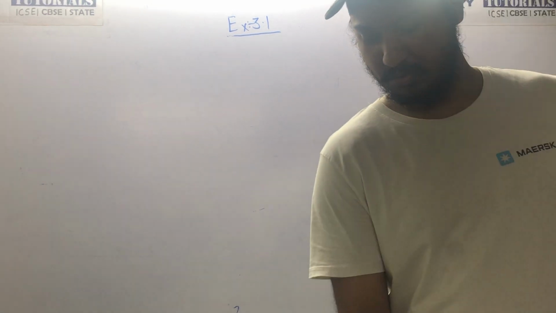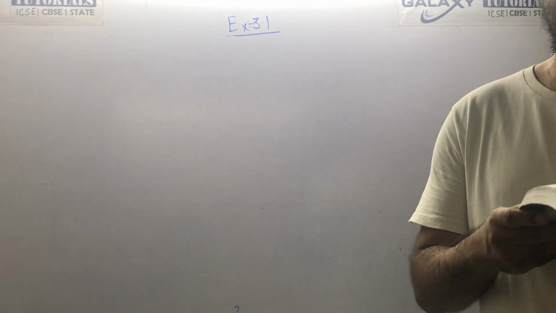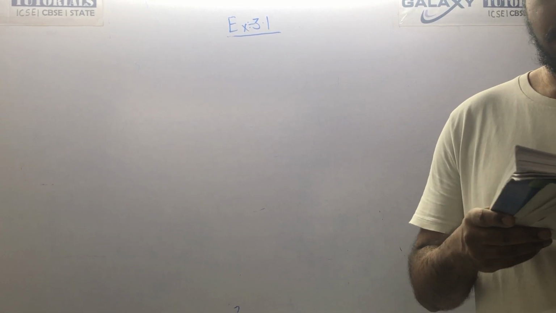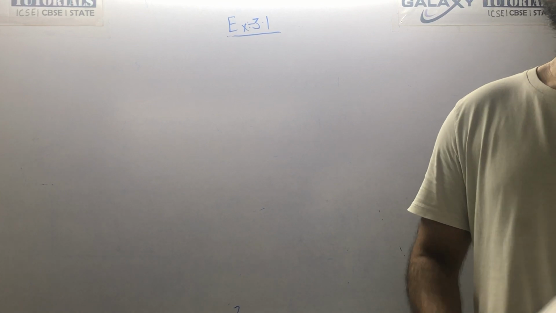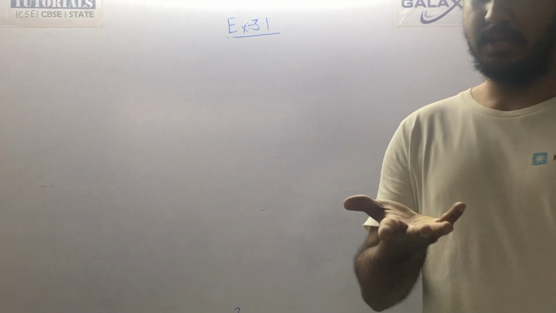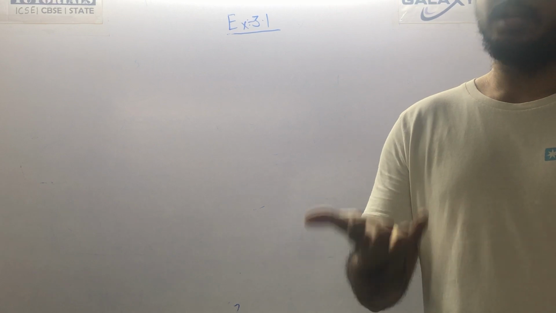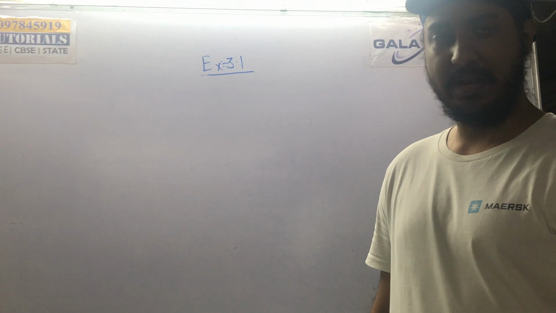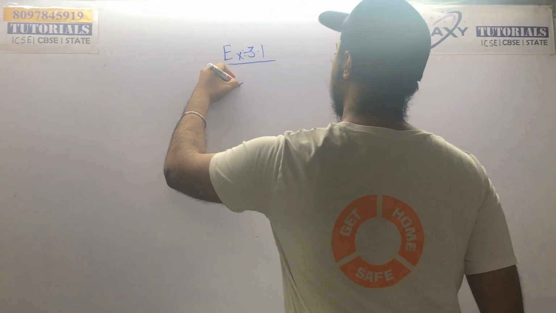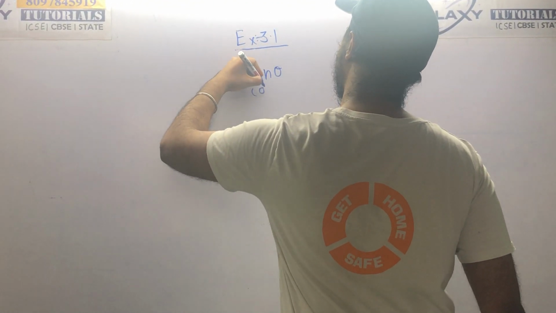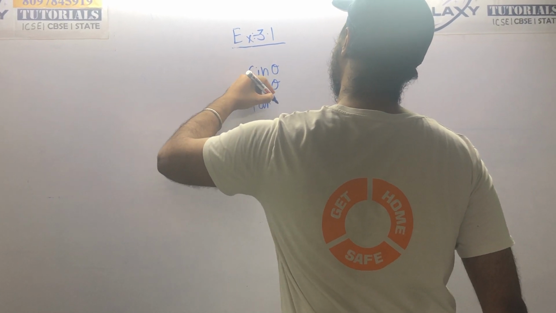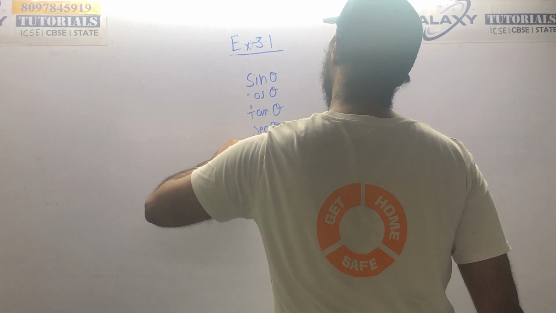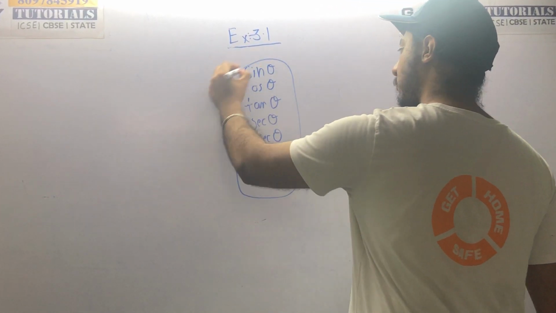The first question we will start with is in exercise 3.1, and they have asked us to find the trigonometric functions. If they ask for trigonometric functions, they mean the values of sin theta, cos theta, tan theta, cosec theta, secant theta and cot theta. In your exam, you have to find all the values. All 6 you have to show in the exam.